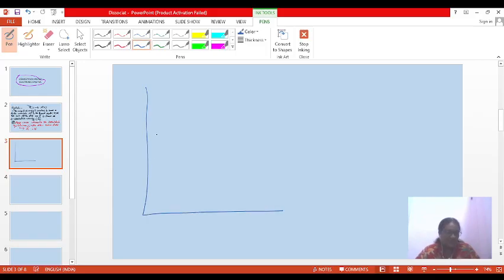This is the Morse curve representation. V equal to 0, 1, 2, 3.